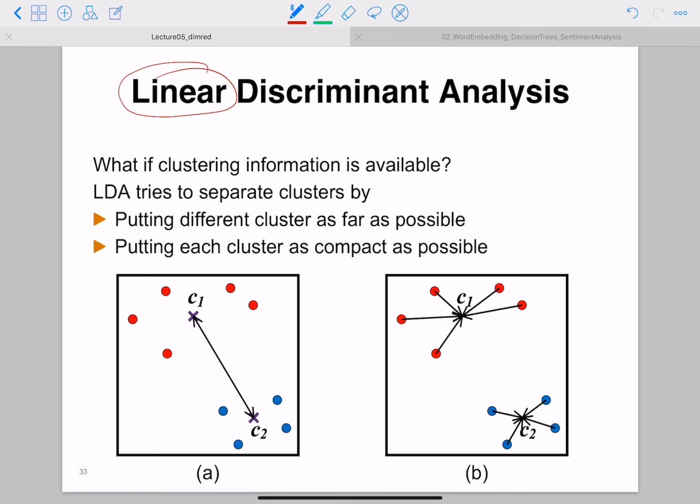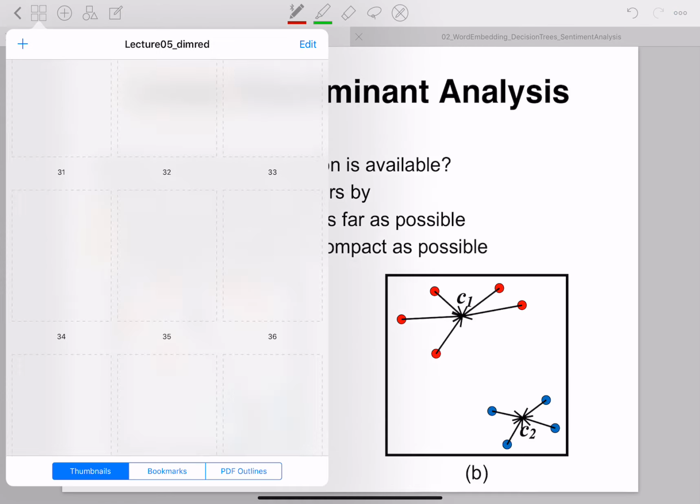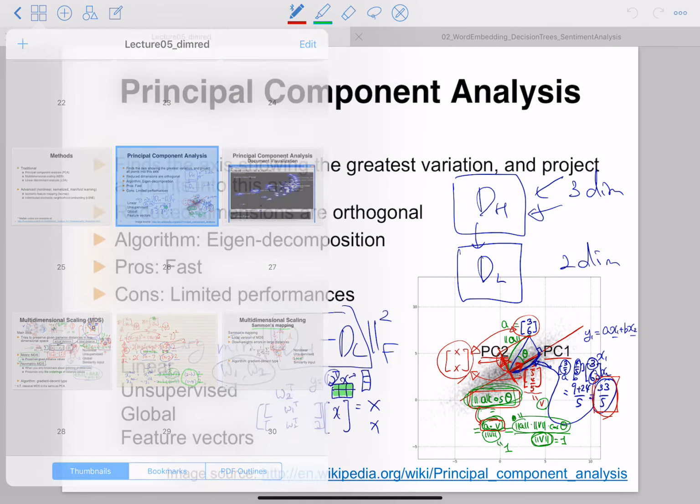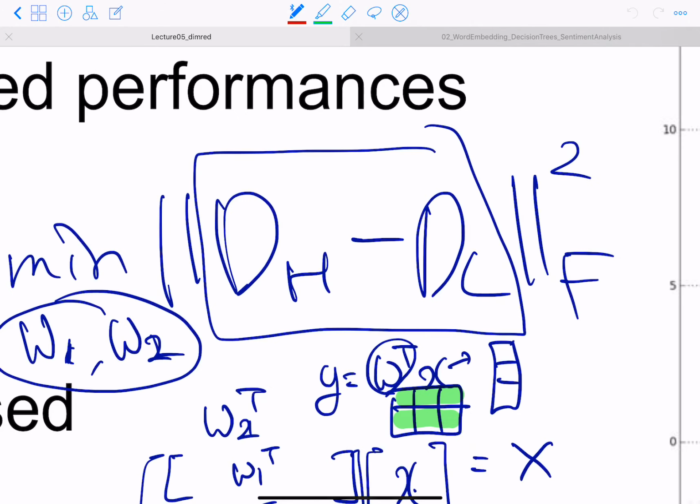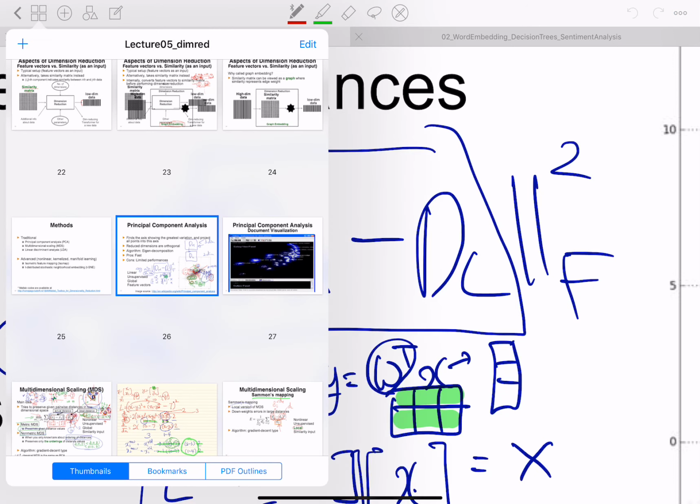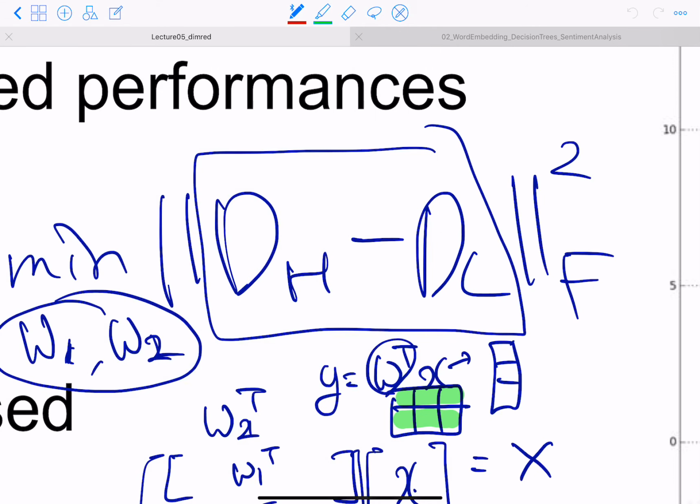And in the case of MDS, the objective function is to minimize the discrepancy between the high and the low dimensional distances, right? So we minimize this to maximally preserve the relationships in the high dimensional space.